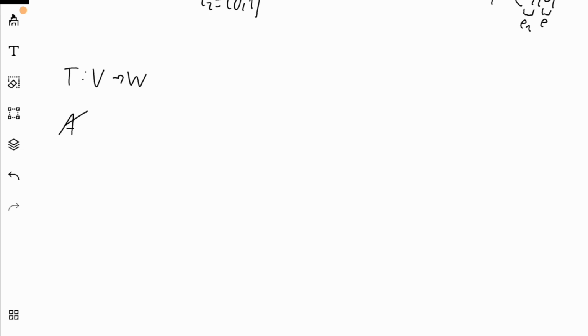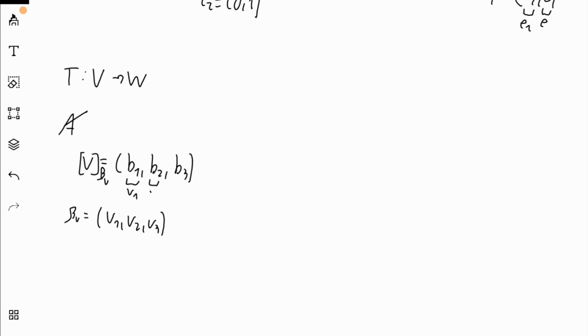So let's imagine we have a vector from our vector space V, and this vector has coefficients b1, b2, and b3. As we talked about, this vector is spelled out in the basis of our vector space V. Our basis B_V has basis vectors v1, v2, and v3. So this vector here is spelled out in this basis.